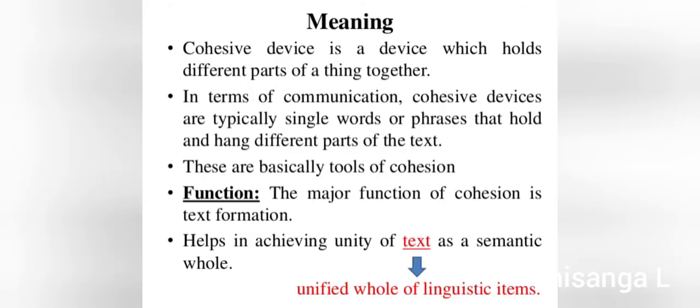What then are cohesive devices? Now a cohesive device is a device which holds different parts of a thing together. We've been talking about gluing. I'm sure by now we're already tired of hearing the word glue, but basically that is what cohesion is.